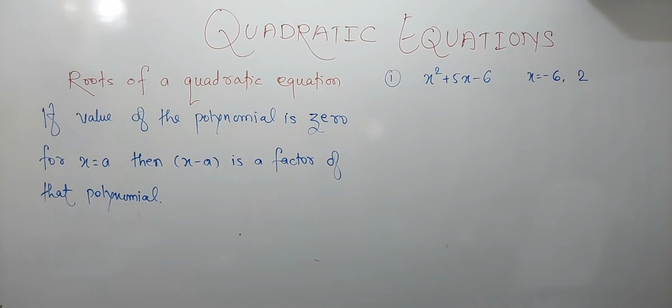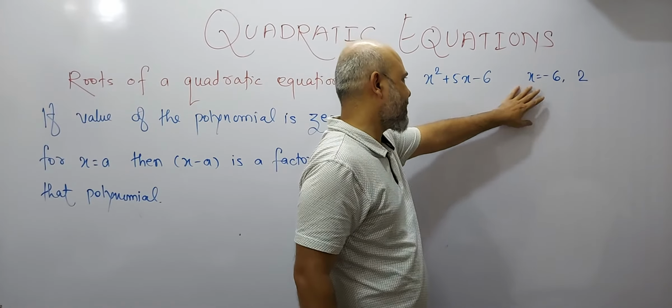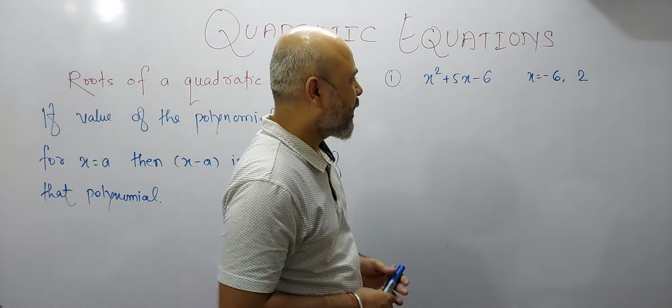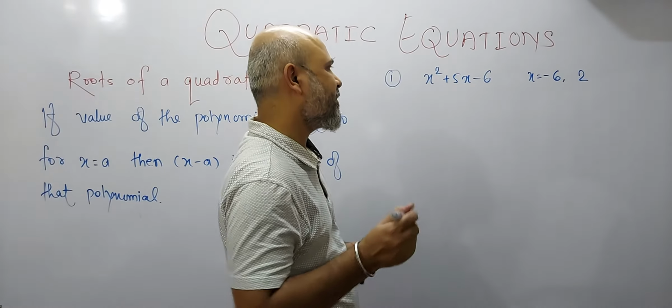Here one polynomial is given to you, that is x square plus 5x minus 6, and the values of x are given to you: minus 6, 2. You have to say whether these are solutions of this polynomial or not. So when we put x is equal to minus 6 in this polynomial, if we get the value 0, okay, then this will be a solution of this polynomial.